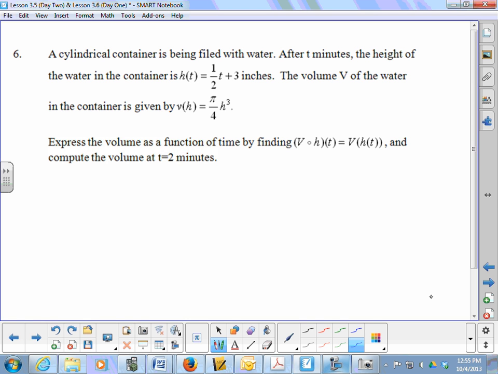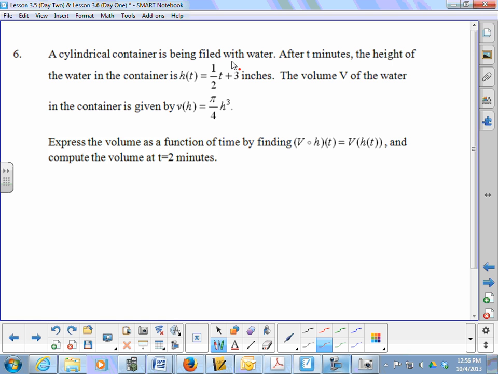So what we're trying to do, here we have a situation where we're trying to find the volume according to the time, where this gives me volume according to the height, and height is with respect to the time. So I need to put them together so that I can get volume with respect to time.